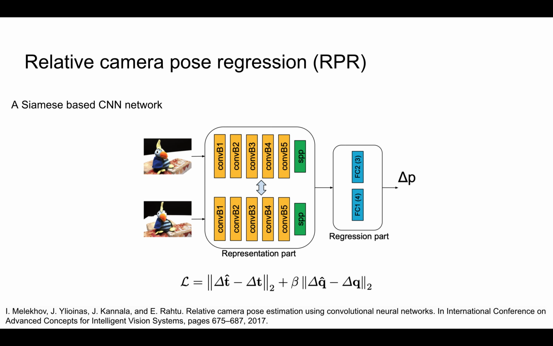Some other researchers try to solve this problem using deep networks, basically estimating the global feature from the pair of images, and then regressing the relative pose based on the global features of the two images.